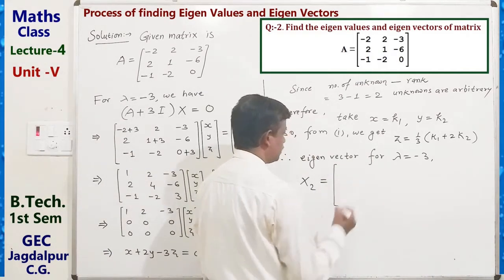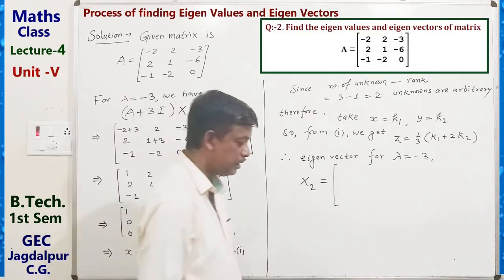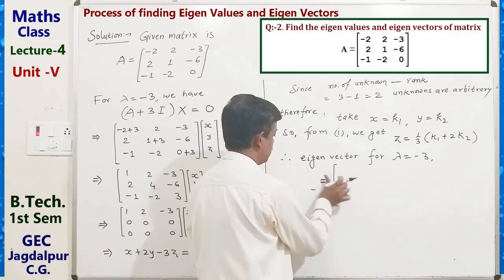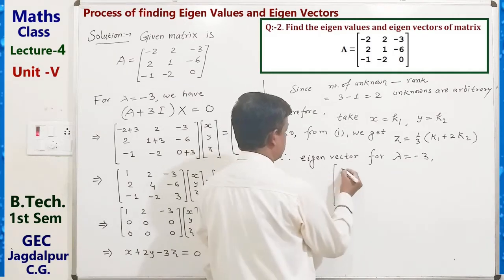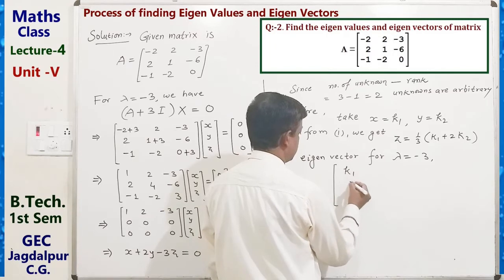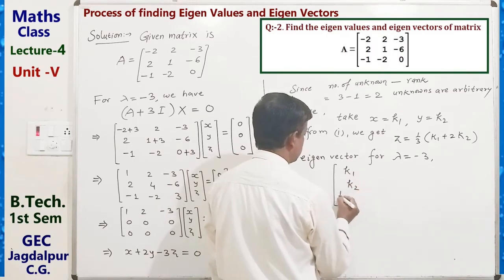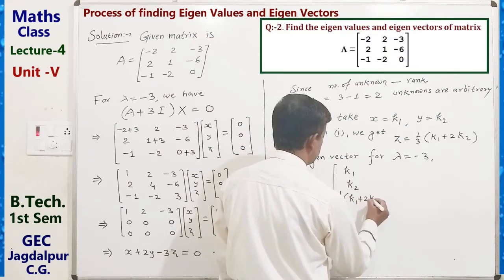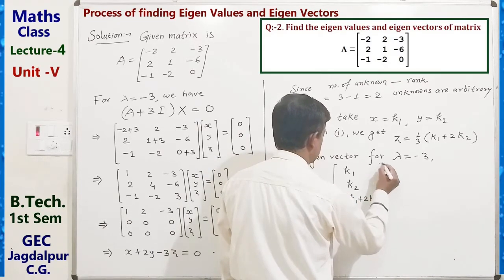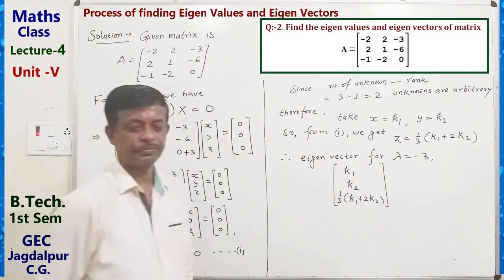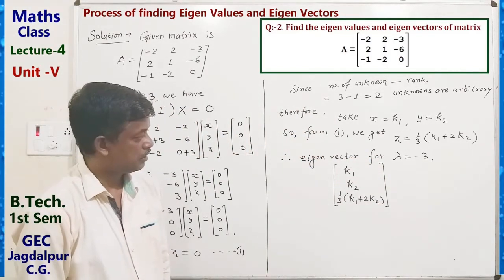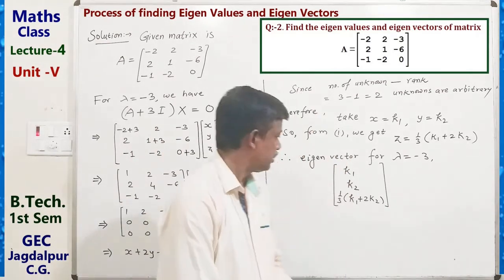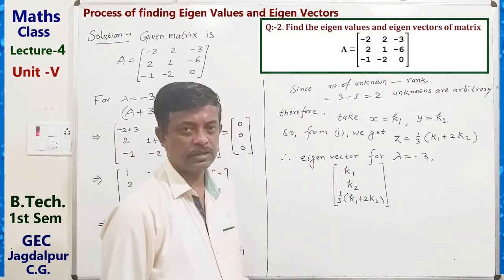You can take here k1, k2, 1 by 3 (k1 plus 2k2). Okay. Now k1, k2 are two arbitrary constants, so we can give values here.